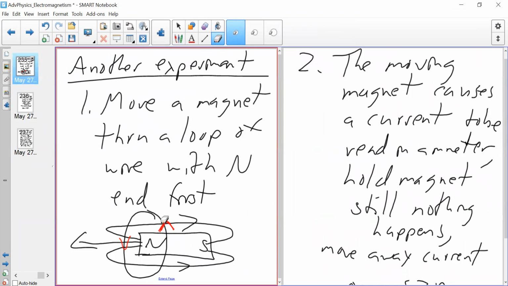Now, back to my original picture here. Let me erase these guys. So what's meant by that is that if I move a magnet to the left, the current that's set up in this wire is going to be in a direction that will create a magnetic field to go against the original field. And the direction of that current will be pointing downward.